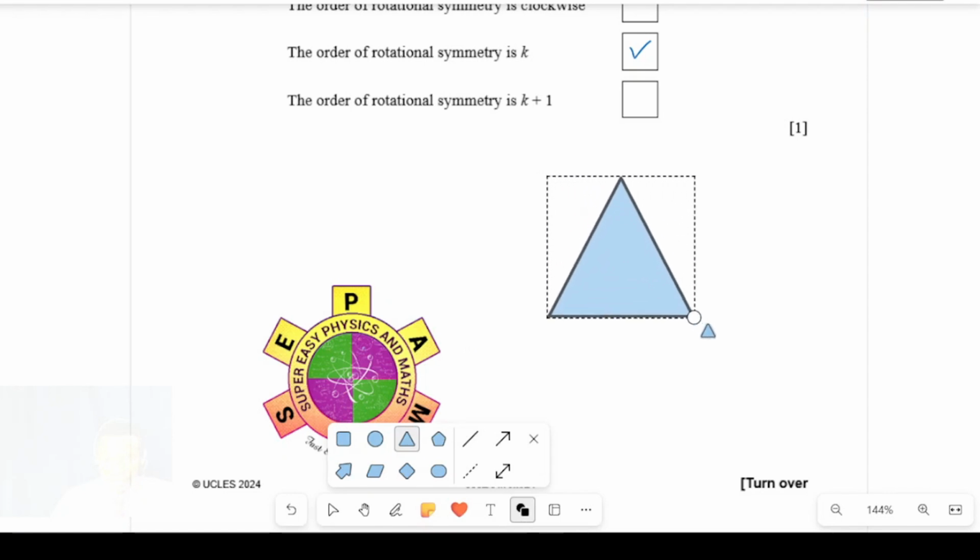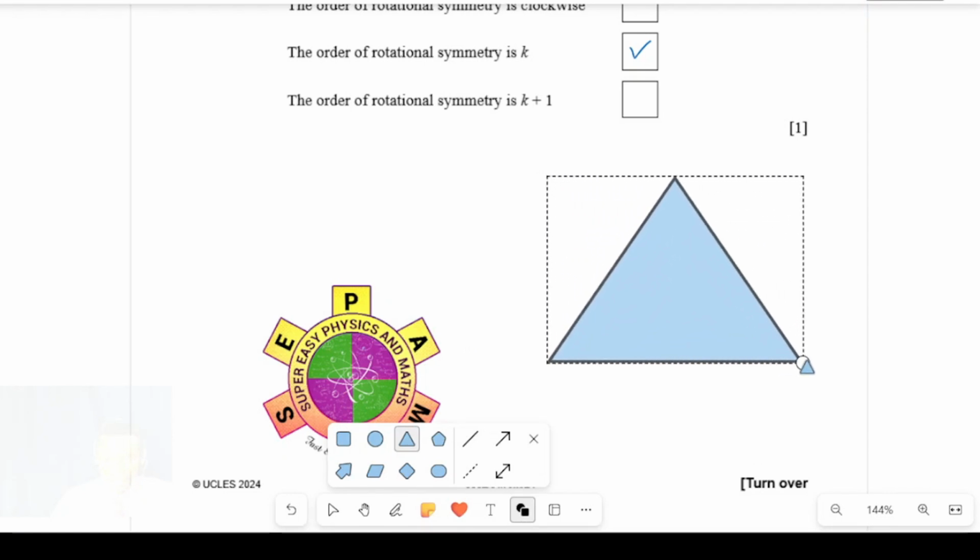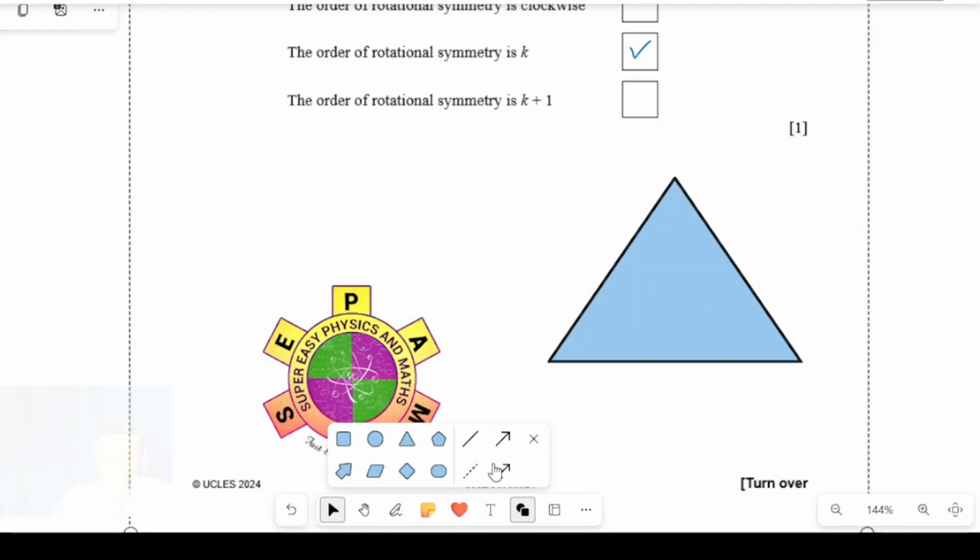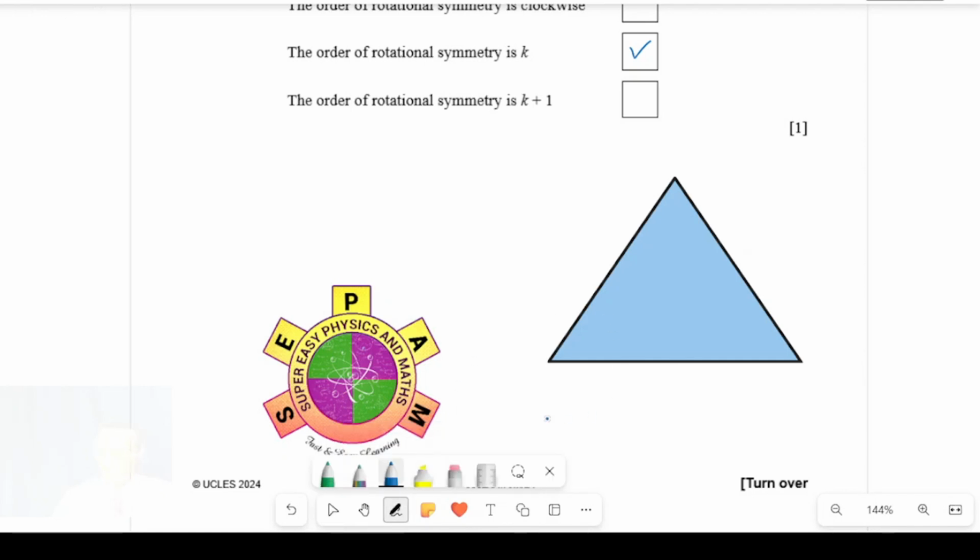If all the sides are equal, we have this equal to this and equal to this. So this is a three-sided polygon.